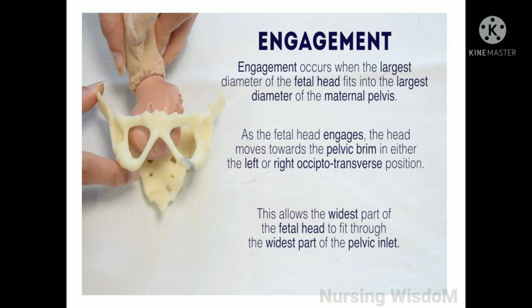Engagement. Engagement occurs when the largest diameter of the fetal head fits into the largest diameter of the maternal pelvis. As the fetal head engages, the head moves towards the pelvic brim in either the left or right occipito-transverse position. This allows the widest part of the fetal head to fit through the widest part of the pelvic inlet.